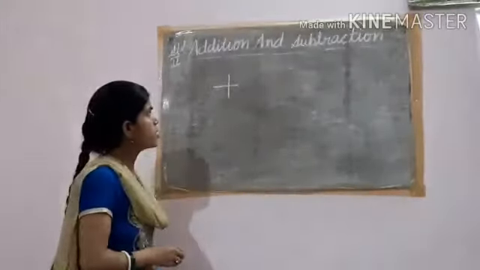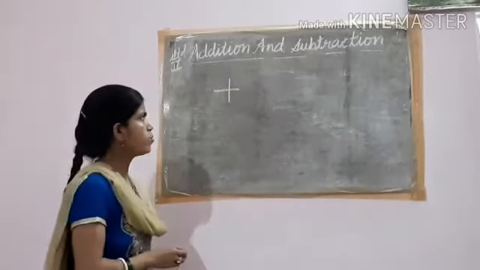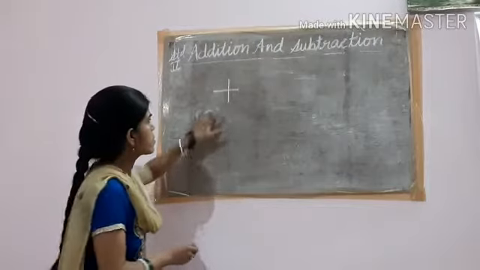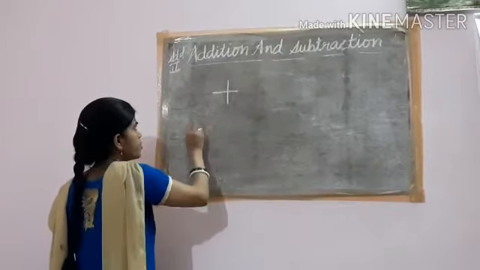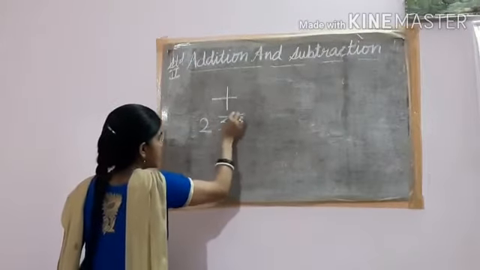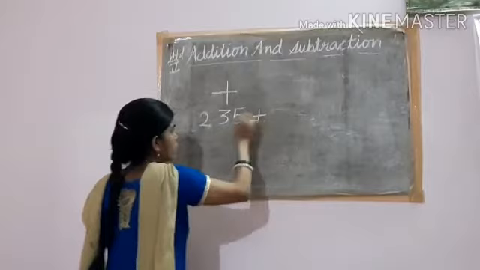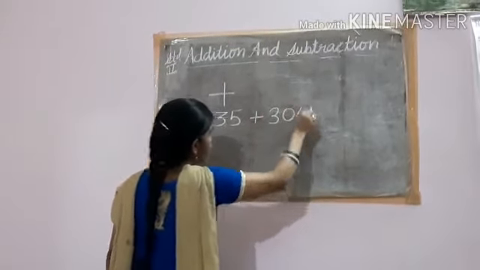Now some of the terms related to addition, children, you already know, but we have to revise them once again. Suppose you have to add the numbers 235 plus 304.